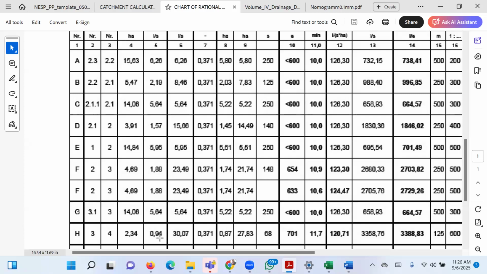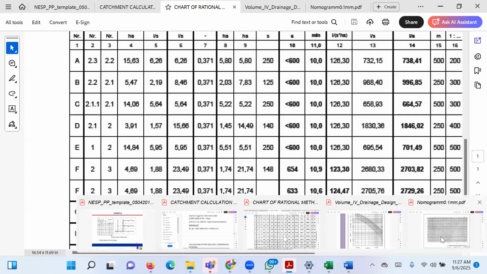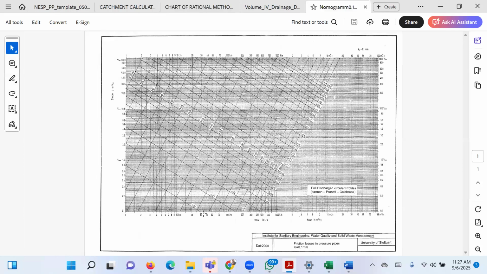Yes, it's a small catchment. However, I'll add the value of 5.64 coming from catchment G and add the value of 23.49 coming from catchment F. And that total value will be what? 30 liters per second per hectare. I will now go to my design chart, go to 30 and read it off against 5%. It's still 200.